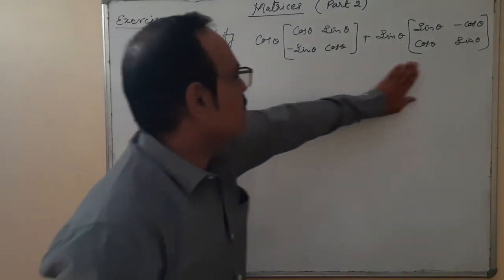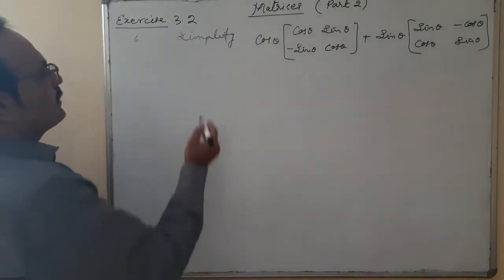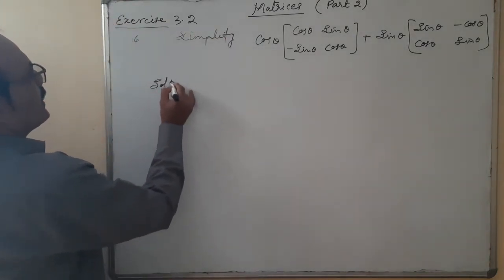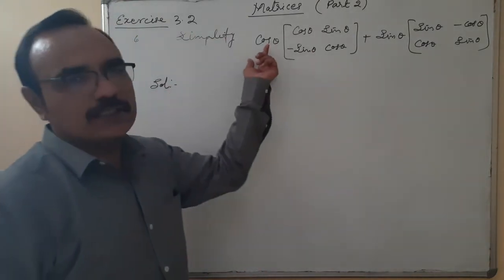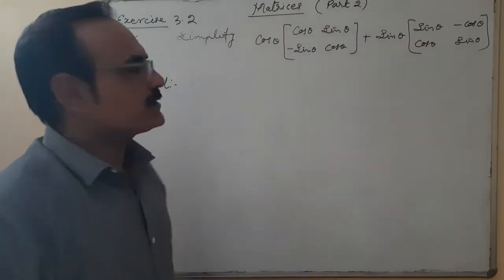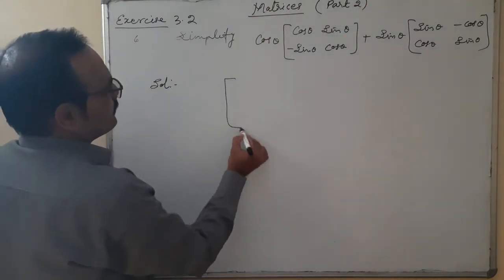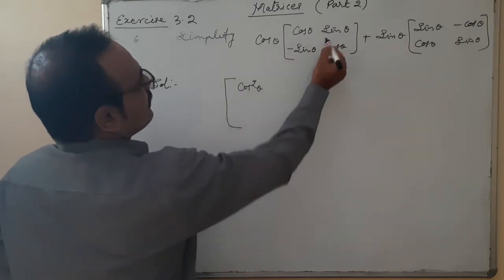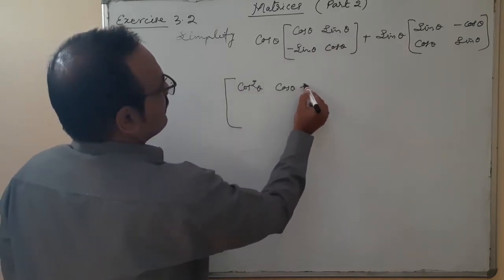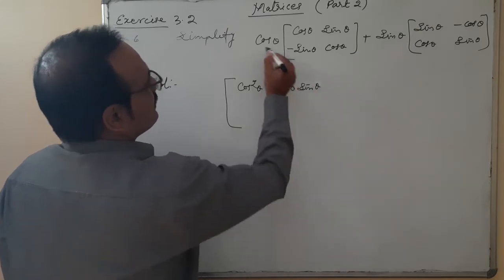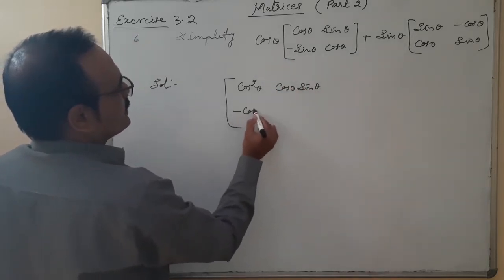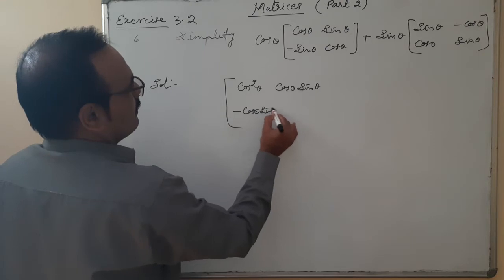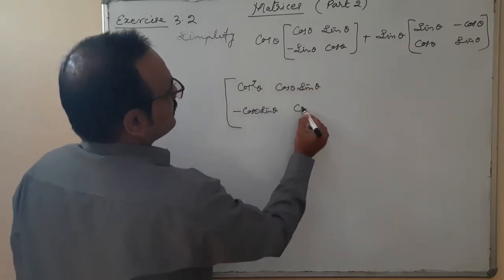Simplify it. How to simplify this question? What is the rule of matrices: when there is a scalar outside, it is to be multiplied inside first. So it is coming cos square theta, cos theta sin theta, minus cos theta sin theta and cos square theta.